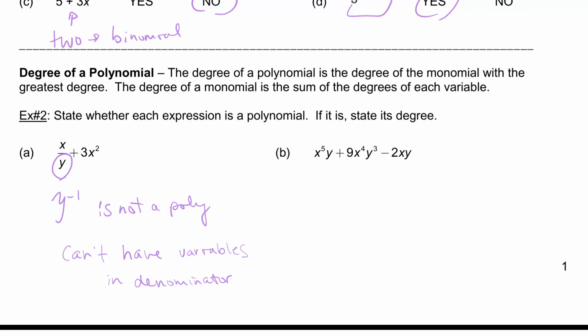Y to the negative 1 is a negative exponent because it's on the bottom of a fraction. Let me be clear what a polynomial is. In a polynomial, all the exponents of variables should be positive integers. So for a polynomial, you cannot have a variable in the denominator.